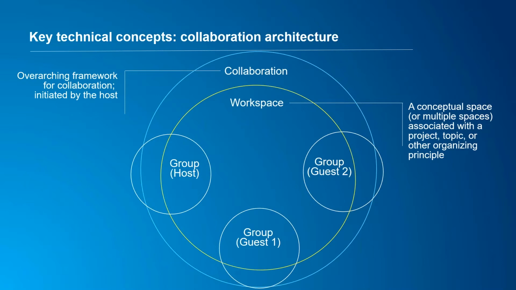Within a collaboration, there's a concept called workspaces, and there can be multiple workspaces. And a workspace is associated with a particular project or topic or any organizing principle. In the case of emergency management, this might be a disaster response, right? It might be Hurricane X, right? Pick your hurricane.